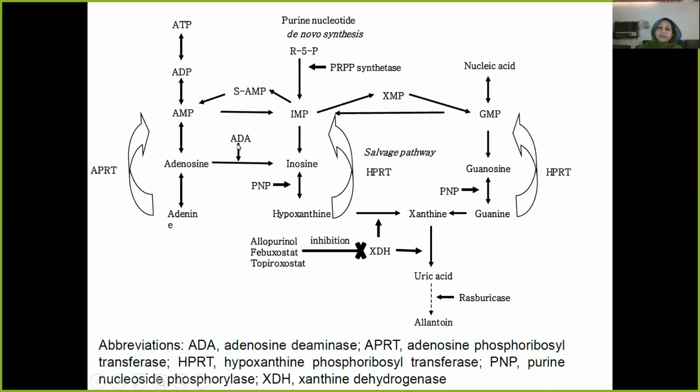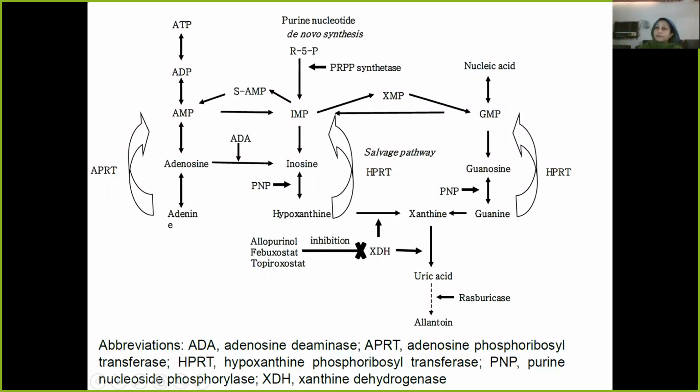In this pathway, you can see this ADA enzyme is responsible for the conversion of adenosine into inosine, which further goes down the pathway and is excreted as uric acid. When there is deficiency of ADA, this adenosine starts building up.